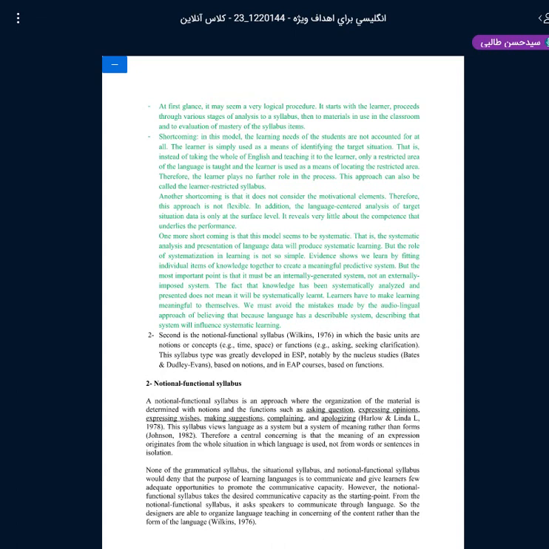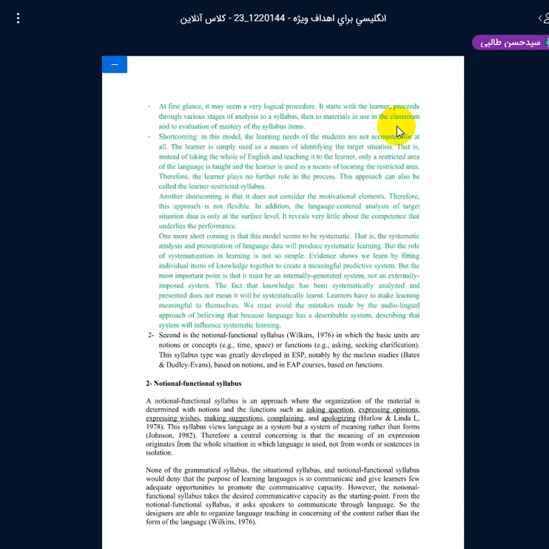Another problem is that this type of syllabus, the language-centered syllabus, only looks at the target situation and analysis. It just looks at the target that the student is aiming at in order to reach his or her aims.